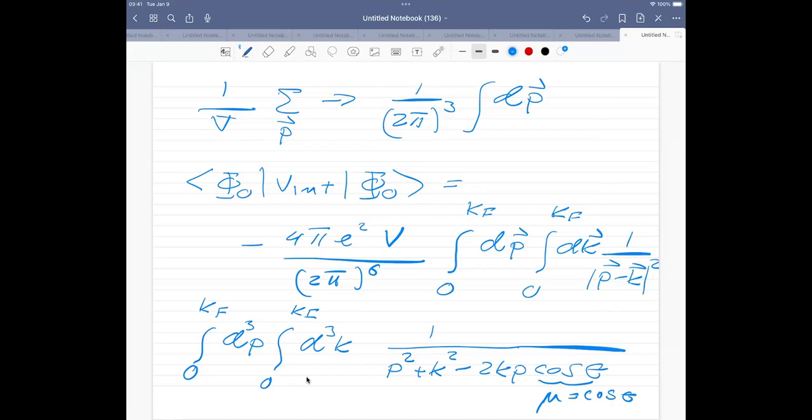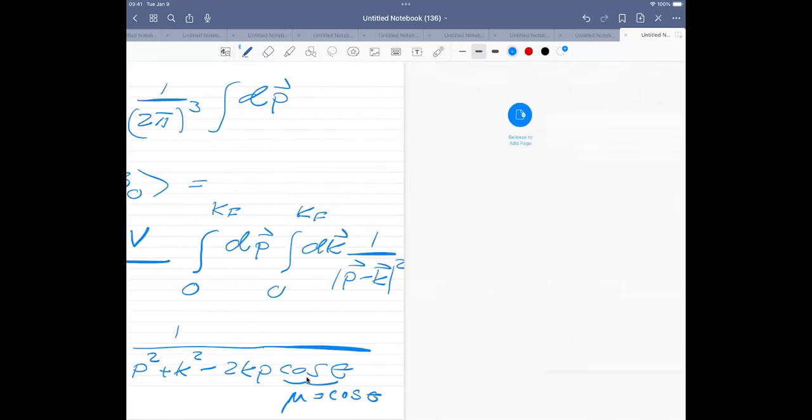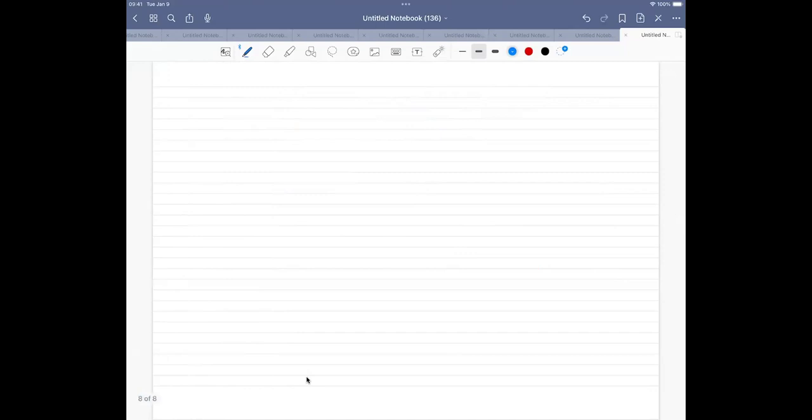And then we are going to introduce a further new variable, so we can actually simplify this integral. So let's skip the integration limits, and let's just write it out when we perform this new change. So we have a mu of cosine theta, and then I introduce a new variable, which I call s, which is k divided by p.